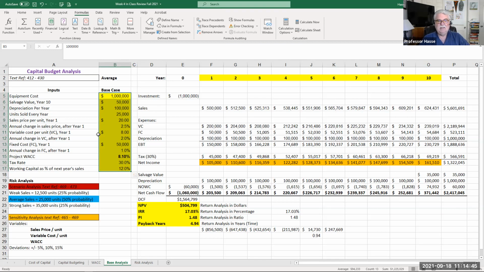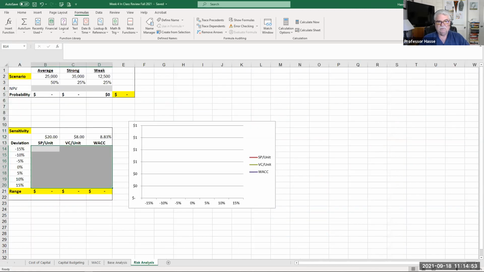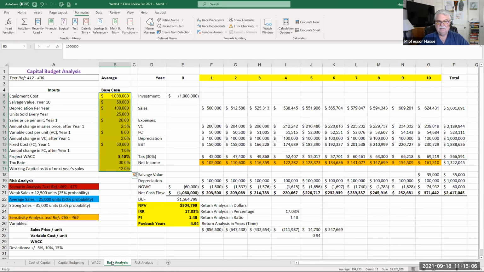Okay. The final part of this file, which I'll save and repost to week 4, is this tab here called Risk Analysis. And this is the subject of next week, week 5, chapter 11's analysis: how do we determine whether the numbers that we're using in this base case are decent?